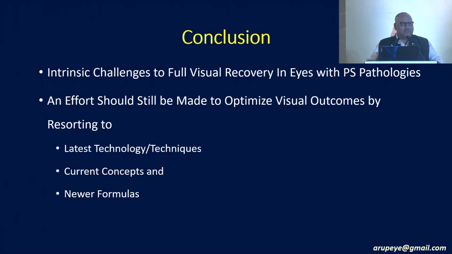And in certain patients, of course, in spite of the best effort, if the patient has a very disorganized posterior segment, your best results may not really be appreciated by the patient. So in spite of that, you must use the latest technology, techniques, current concepts and the newer formulas to give you the best results.